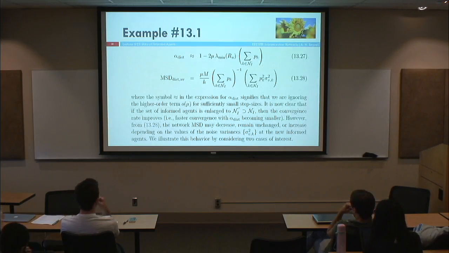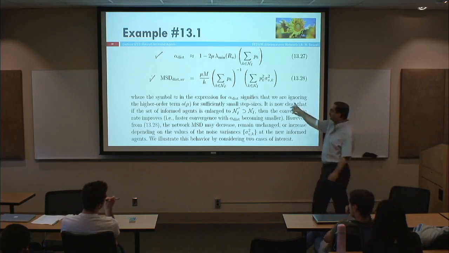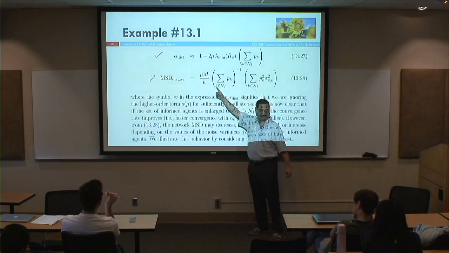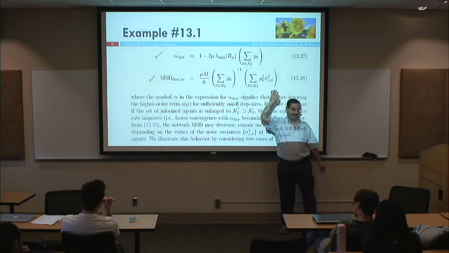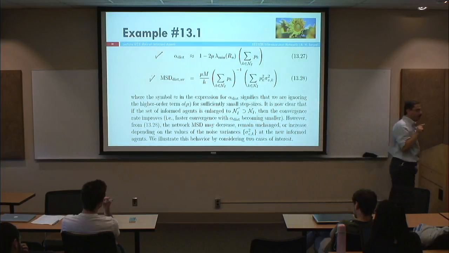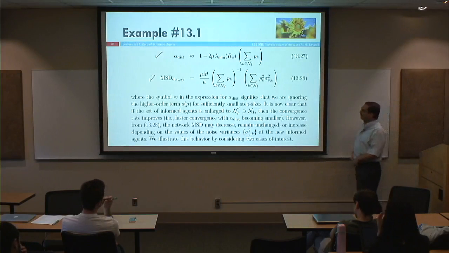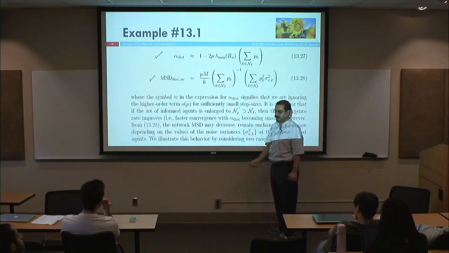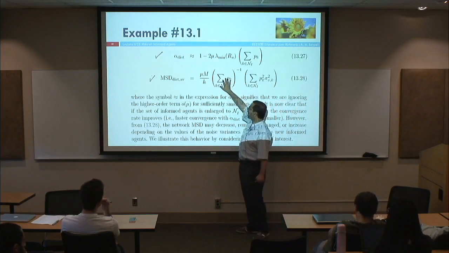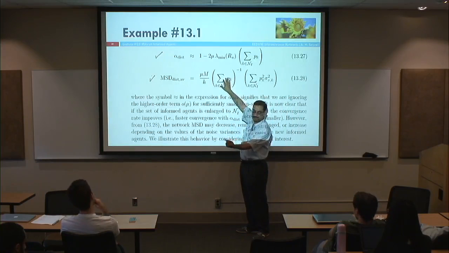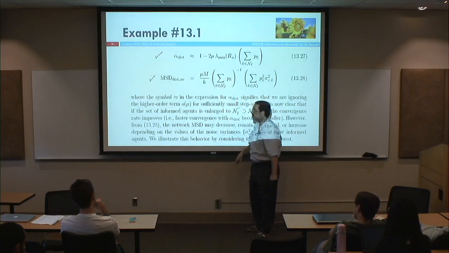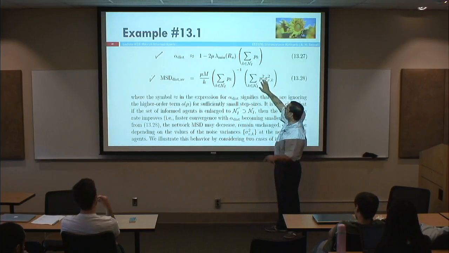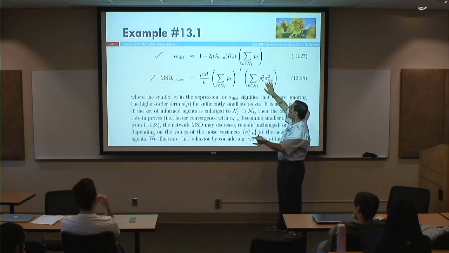If you write down what the convergence coefficient is and what the MSD is, these are the expressions, over the set of informed agents. Now the alpha, we already know what's happening with alpha, so let's focus on the MSD. If I add one more agent, this sum will be the previous sum plus this new P, and this sum here will be the previous sum plus the new P times the new sigma.